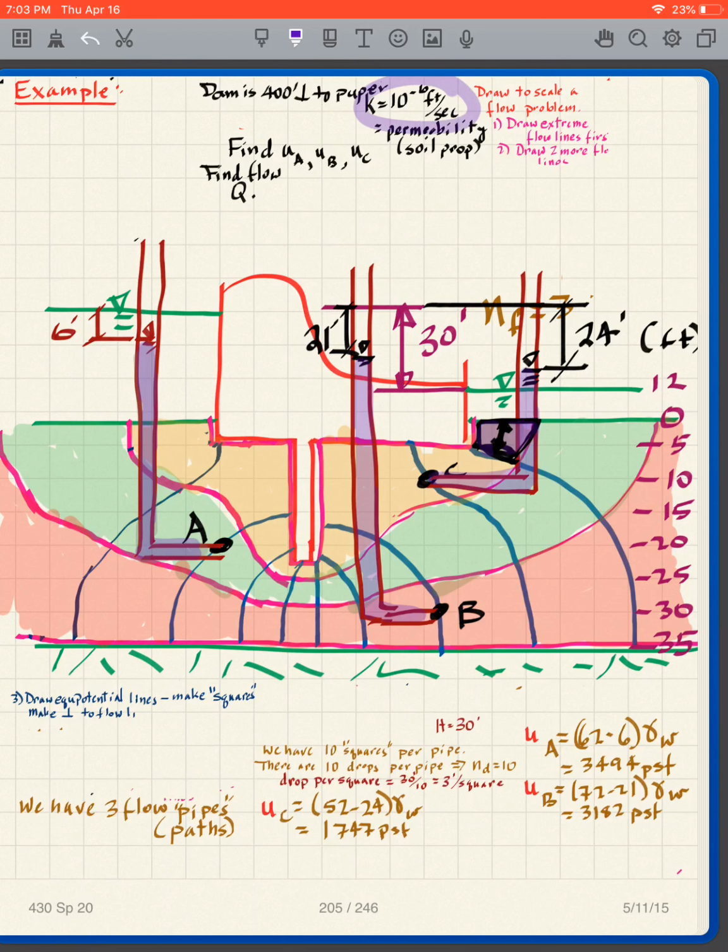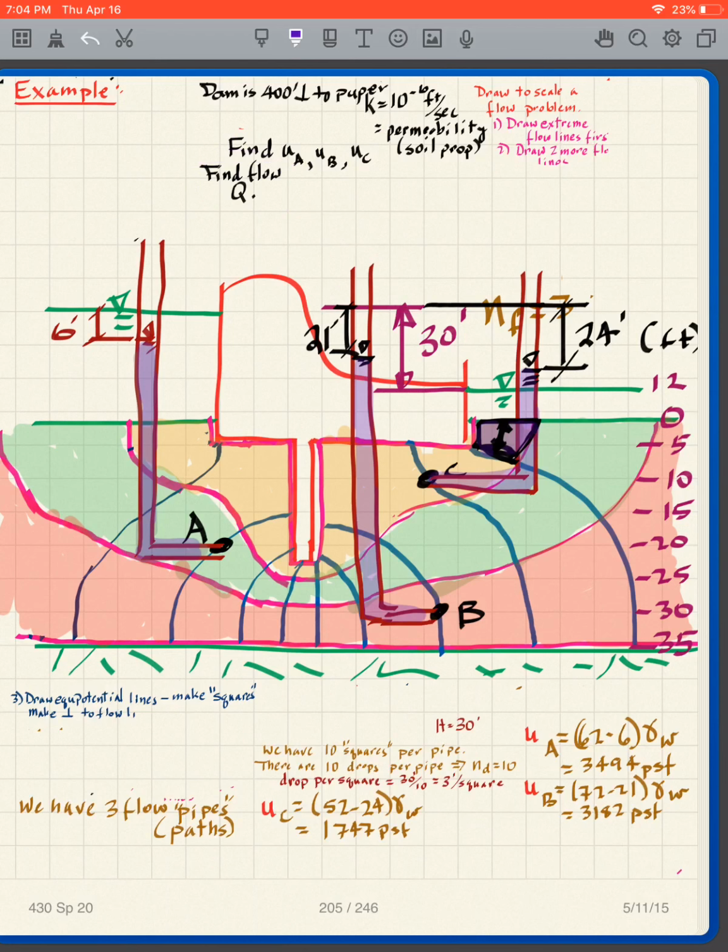And our goal will be to find the pore pressure at A, U sub A, pore pressure at point B, U sub B, pore pressure at point C, U sub C. And we want to find the flow Q. We all know Q from your pipe flow fluid mechanics class, which is Q is equal to what?